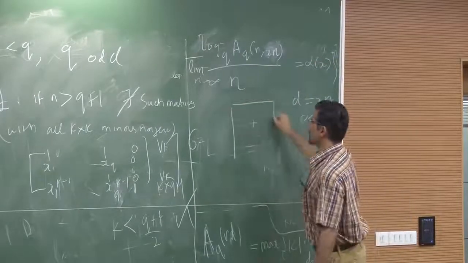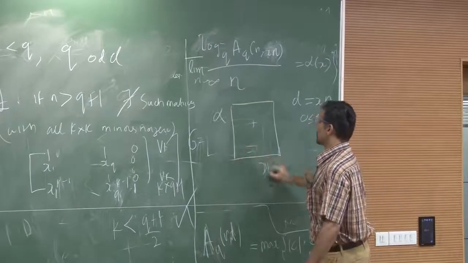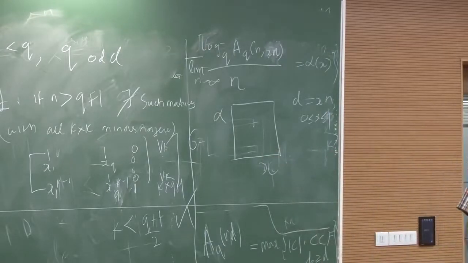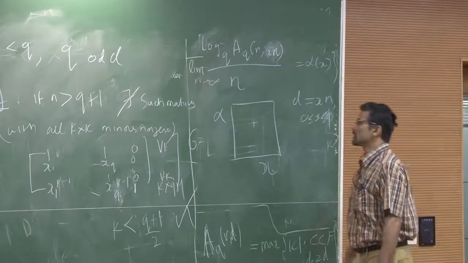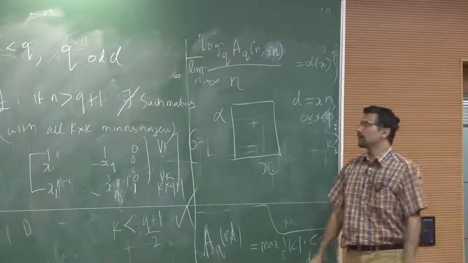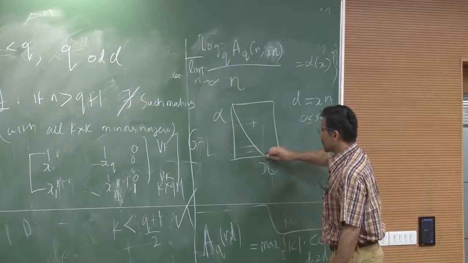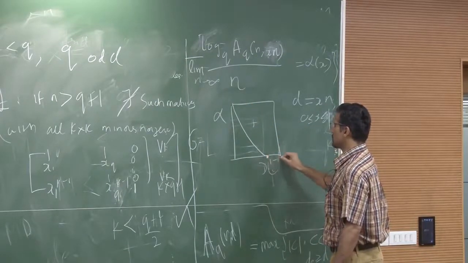You can talk about the graph of this function on the unit square. The famous number theorist Yuri Manin showed that this function is continuous. It's decreasing. It becomes 0 at 1 minus 1 over q.